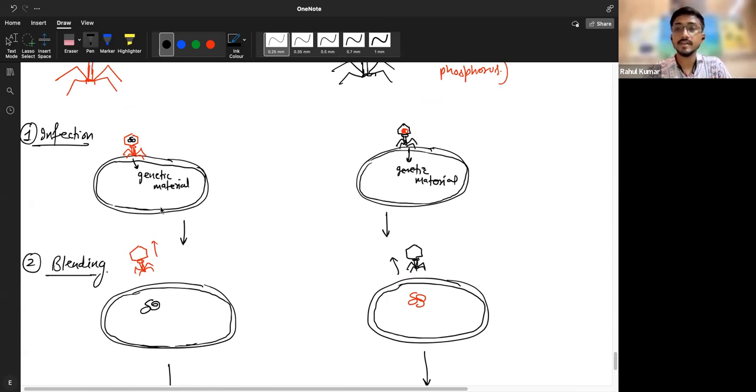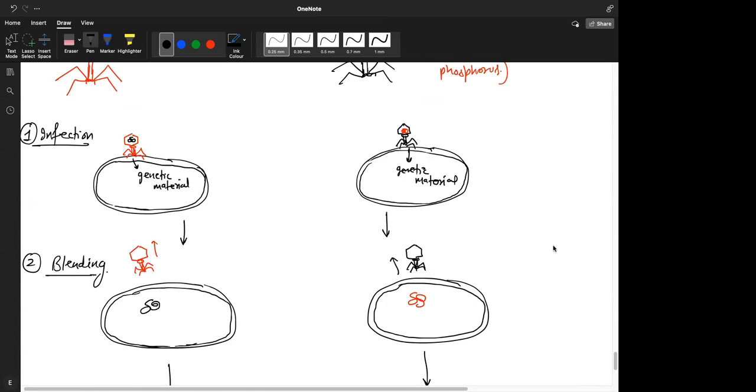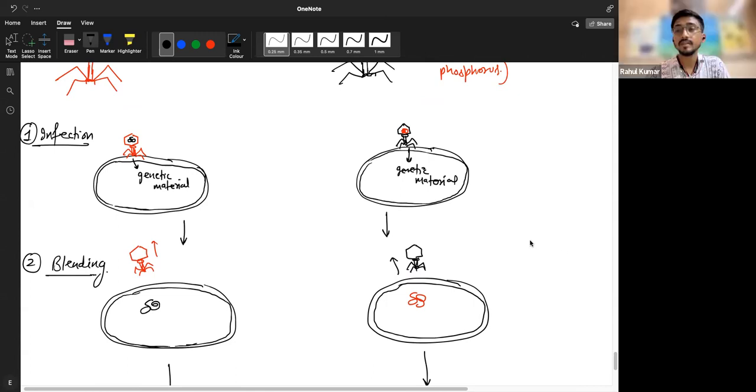If a virus has to infect a bacteria, can it be bigger than the bacteria? No. How can it be bigger? Then how will it infect the bacteria? It has to be smaller so that multiple viruses can attach to the surface.